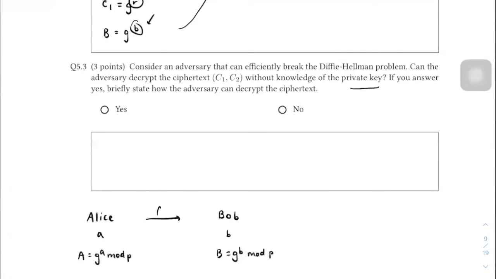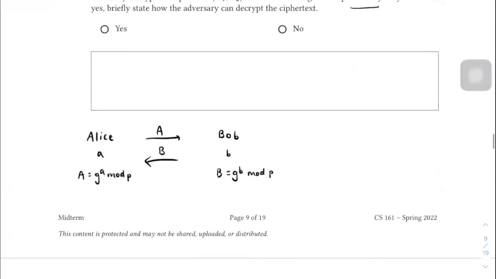Alice will send her public key, Bob will send his public key, and for them to agree on a value, all they have to do is take the public key they're receiving and raise that to the power of their private key. So what Alice will produce is B to the A, what Bob will produce is A to the B, and we can notice that A to the B is just G to the AB mod P, and B to the A is just, again, G to the AB mod P. So they end up agreeing on the same value without having to send over their private keys.